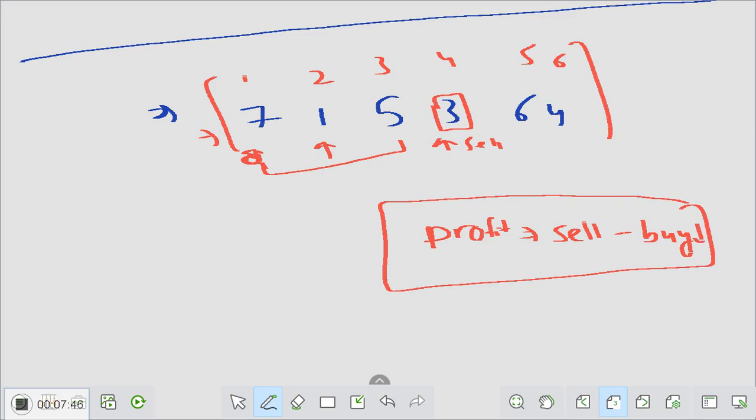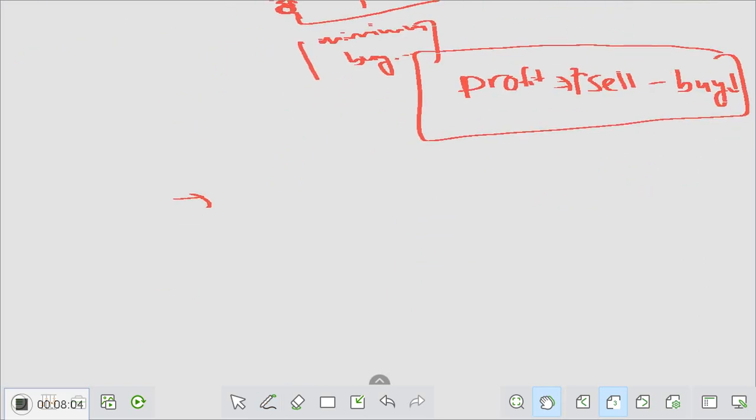So I'm going to have a minimum buy price. Or else, if I prefer to increase the selling price, then I'm going to traverse my array from behind. Both approaches are going to work fine. Here I have two approaches.